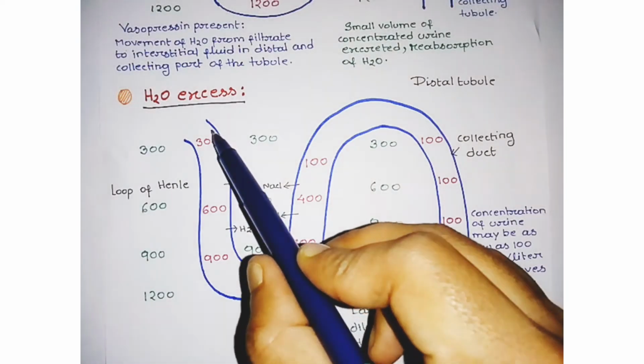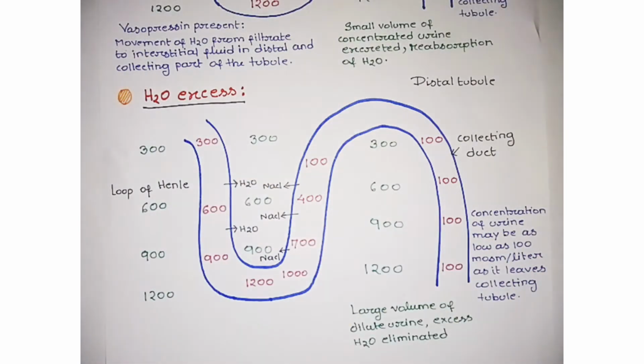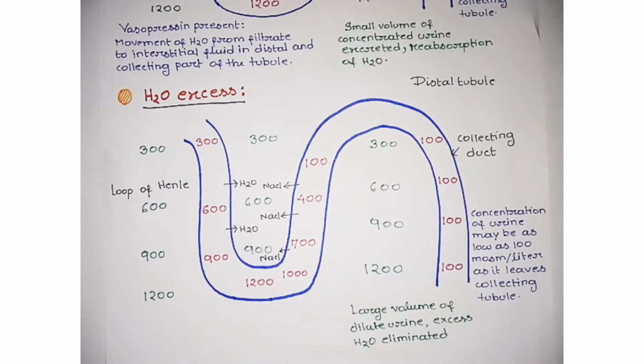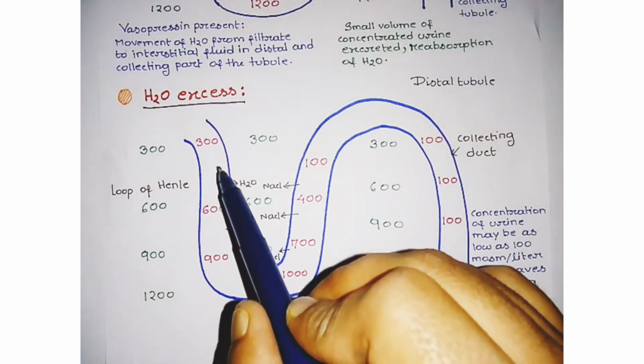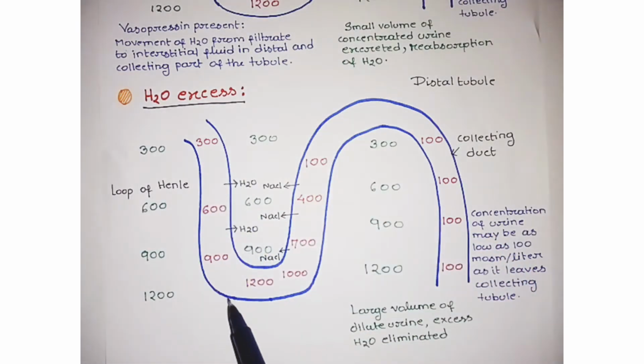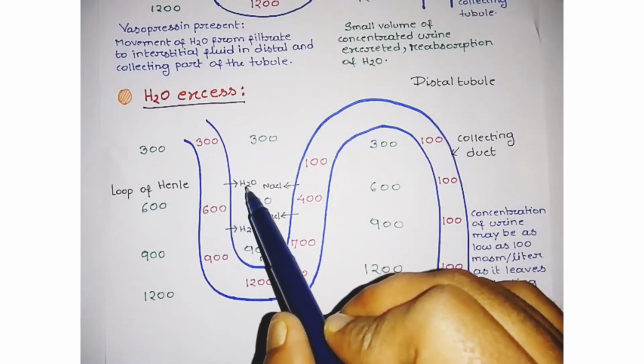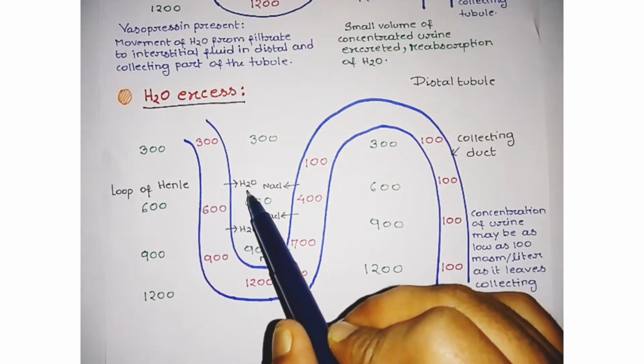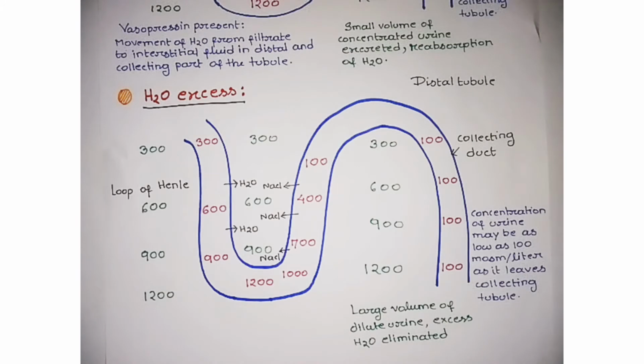So the fluid that comes from the proximal tubule enters into the descending part of the loop of Henle. The descending part of the loop of Henle is permeable to H2O. So H2O moves from the filtrate into the interstitial fluid.